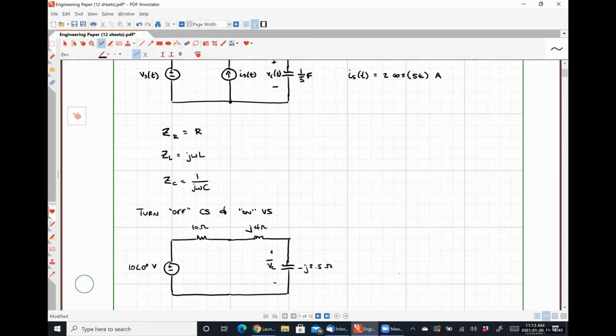So how can we solve for that? We can use voltage division to get it directly, or we could do KVL solving for the current. Absolutely right. So let's use voltage division to get it in one step because I'm lazy and it's less work. So VC is simply going to be our source voltage, 10 angle 0 degrees volts, multiplied by the impedance over which we want the voltage drop.